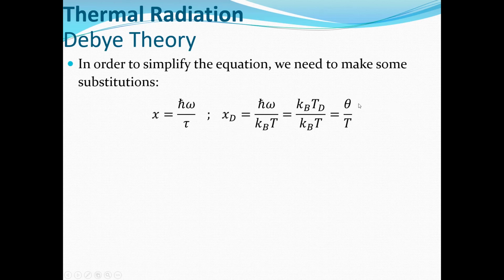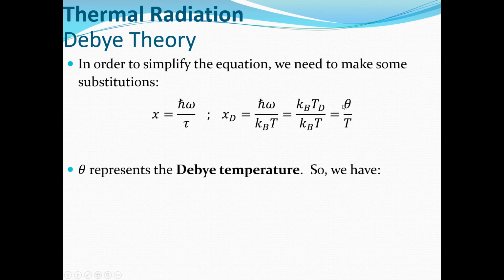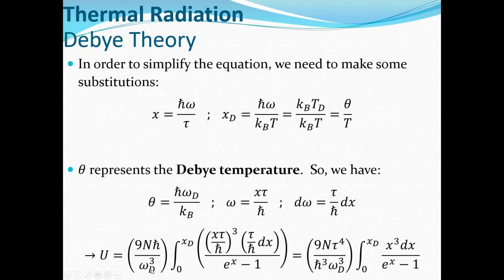So x_D is going to be equal to theta over T. This is going to be representing what we call the Debye temperature. So again, what we end up having is all this stuff. Going back to our energy equation that we had, make all our proper substitutions, pulling out everything that we have, once again this thing that we've integrated before.